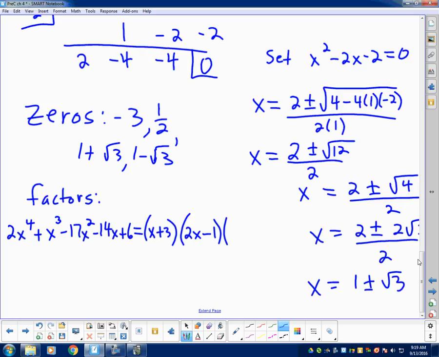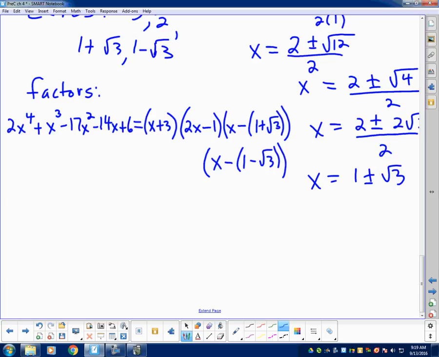Okay, if this is the zero, 1 plus root 3, the factor is x minus 1 plus root 3, and we need to put it in parentheses. And then the last factor is x minus 1 minus root 3. You could actually distribute this minus sign through if you wanted.